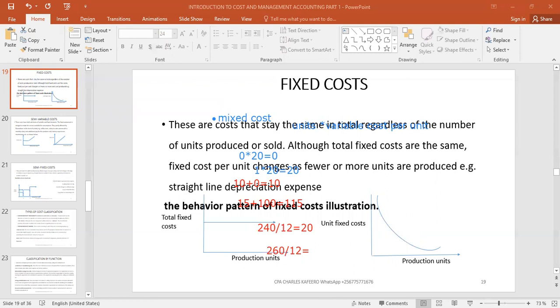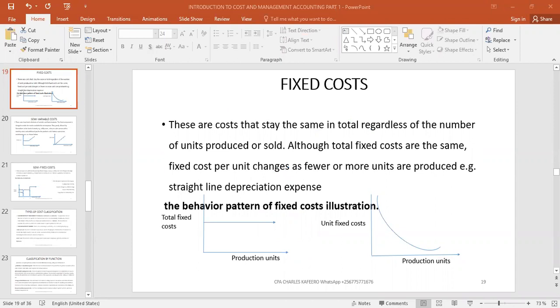I hope we are clear, and I hope that has helped you understand what we really mean by variable costs, fixed costs, plus the mixed costs.